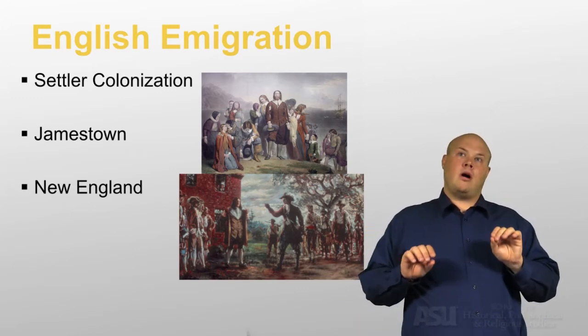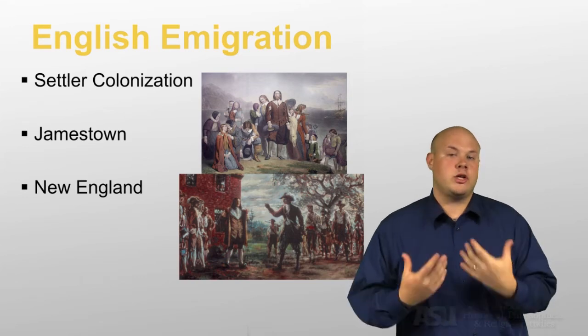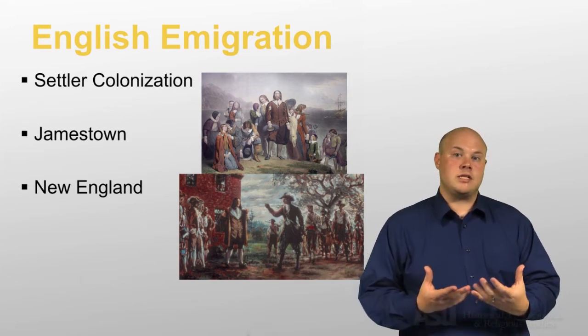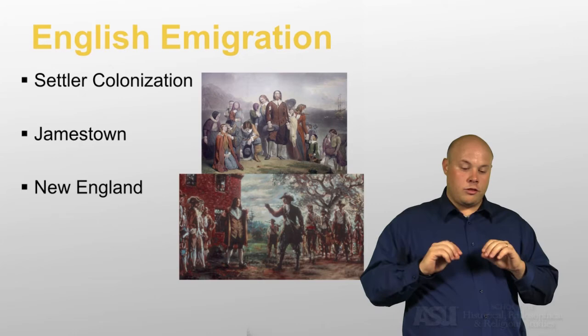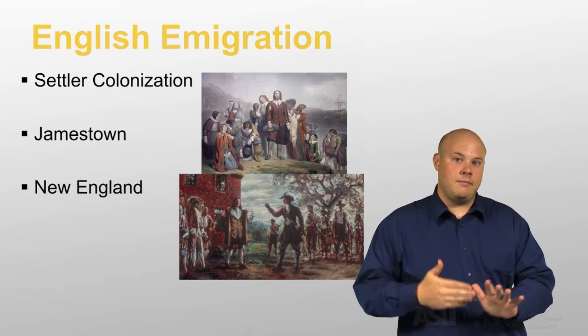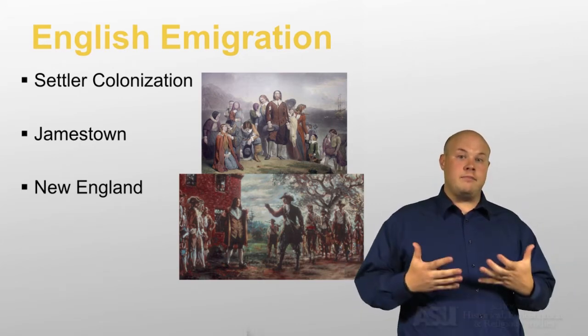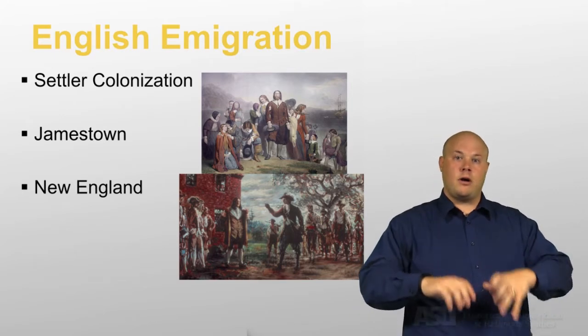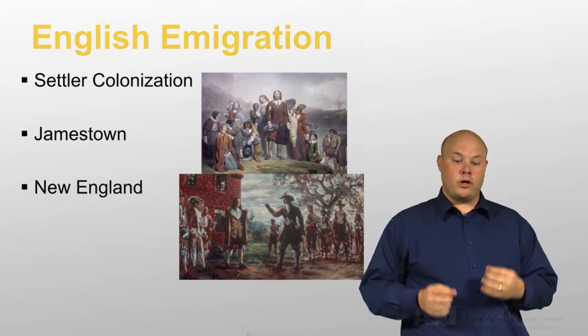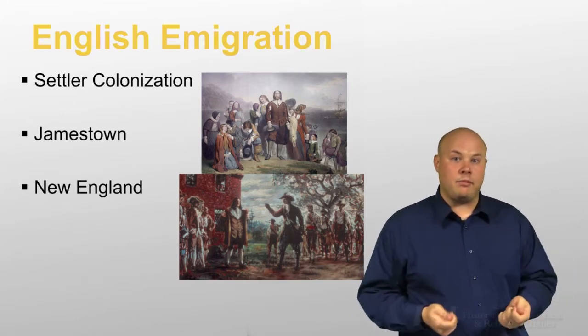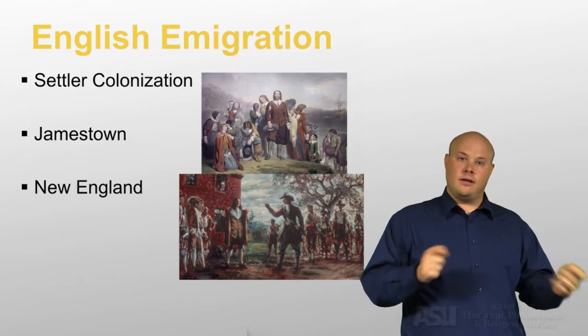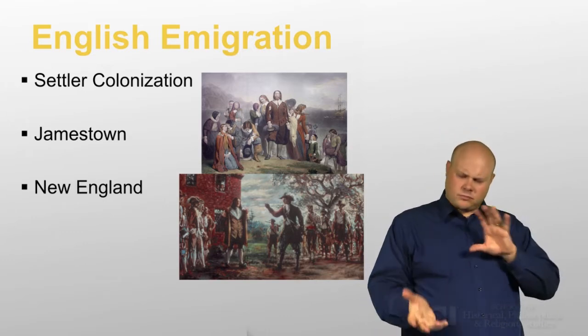The English aren't coming just to extract wealth out of these colonies. England is going through a population crisis at this time, and so they're going to set these up as permanent colonies, as permanent settlements for these people. They're going to try to reestablish, in some part, England in North America.